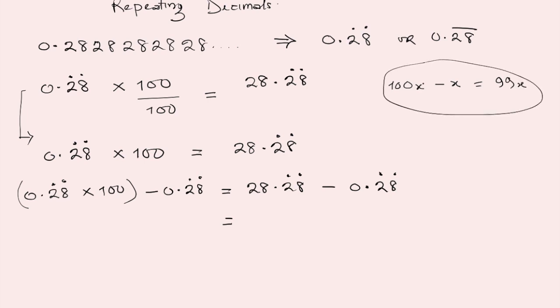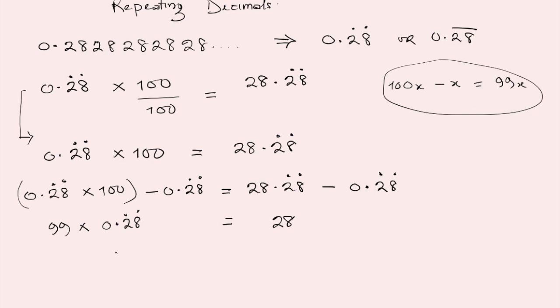If we apply the same logic here, we have 100 0.28 repeatings, and we're subtracting 1 0.28 repeating from it. So what we would have left is 99 times 0.28 repeating. And here we have 28.28 repeating minus 0.28 repeating, so we're left with 28.